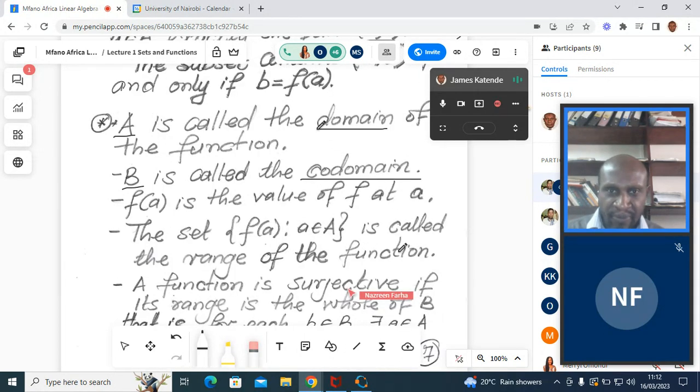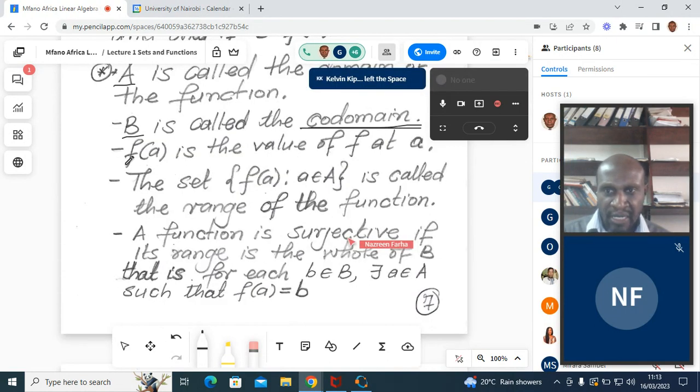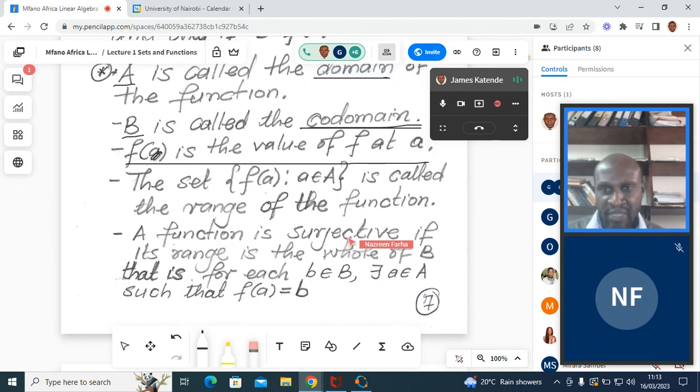We've said A is the domain, B is called the codomain. And we've just described what we mean by f of A. f of A will be taken to be the value of the function at the point A. So another new set that is important, we just need to get the idea.